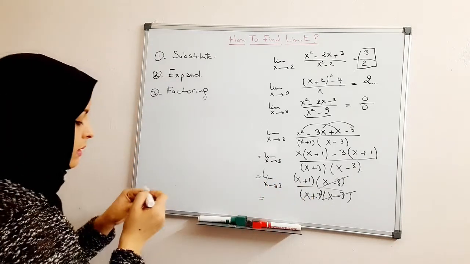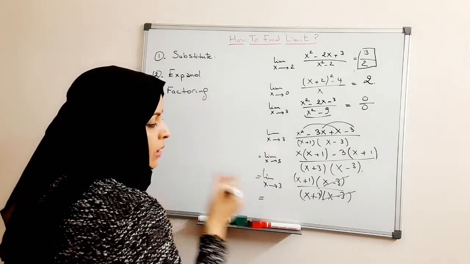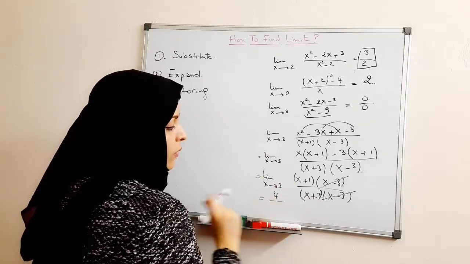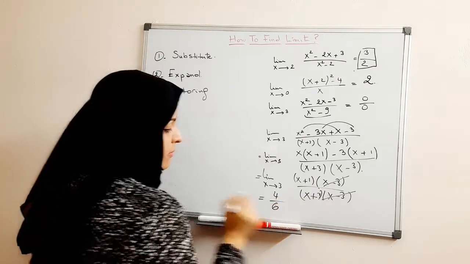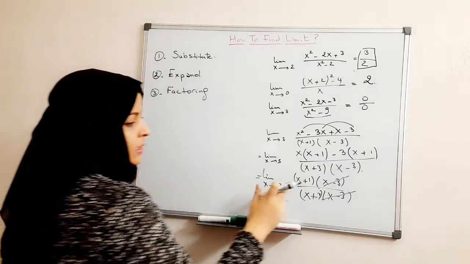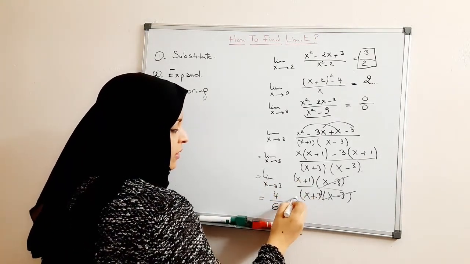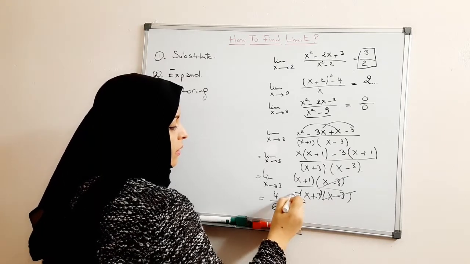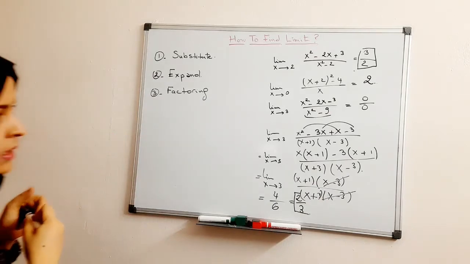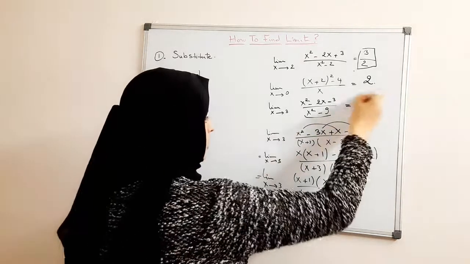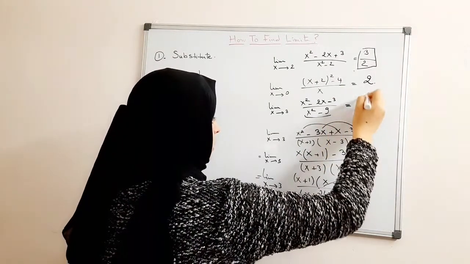Now we can substitute by 3 and we get 3 plus 1, 4 over 3 plus 3, 6. Right? So 4 over 6, which is 2 over 3. And this is the result. So the limit is 2 over 3.